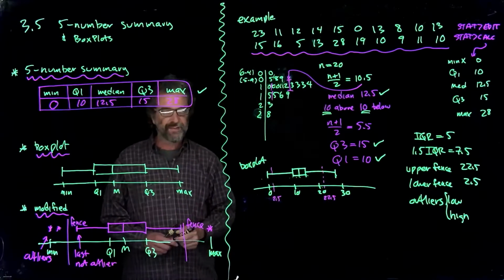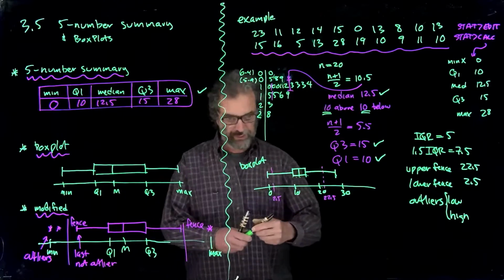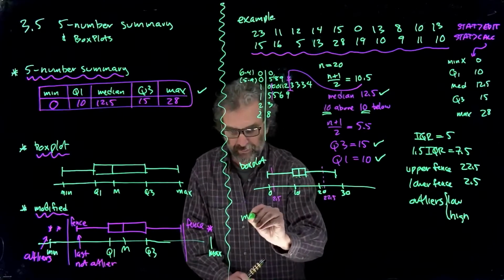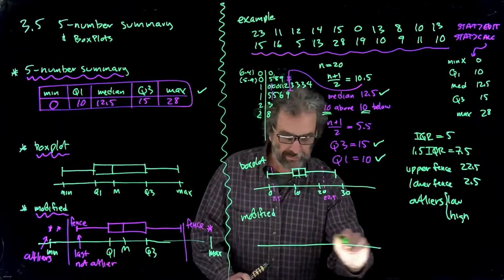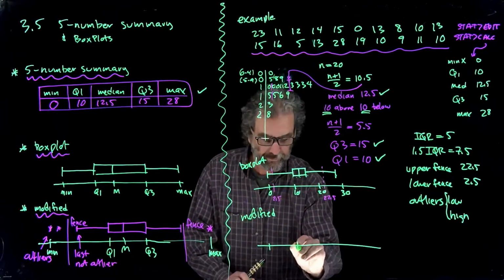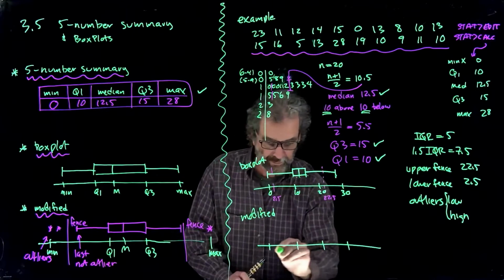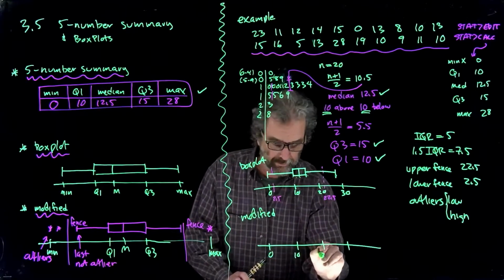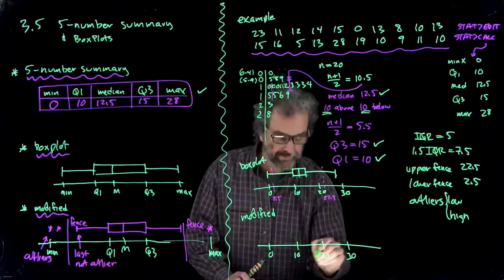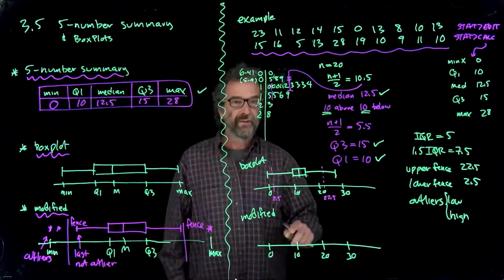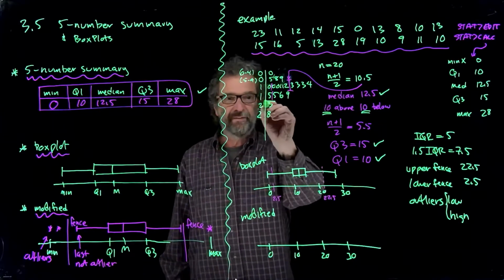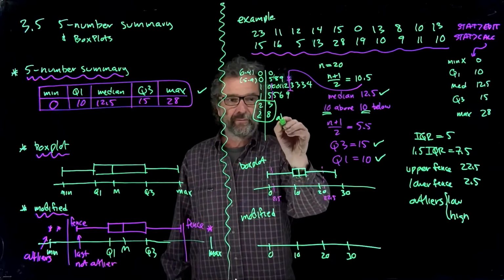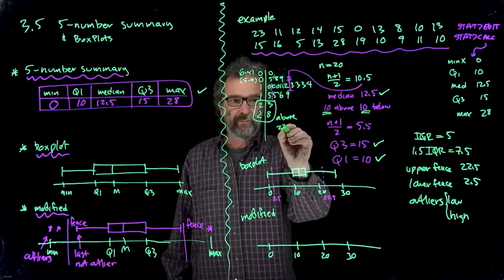So we're going to modify the box plot. We'll just do the same thing. Here's modify. We use the same scale. Except now we're looking for 22.5. Anything above 22.5.